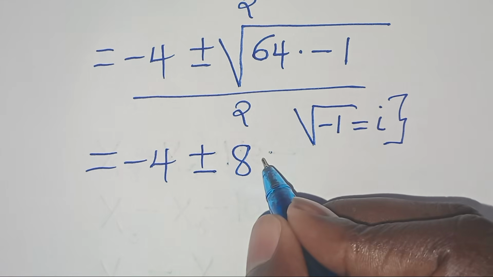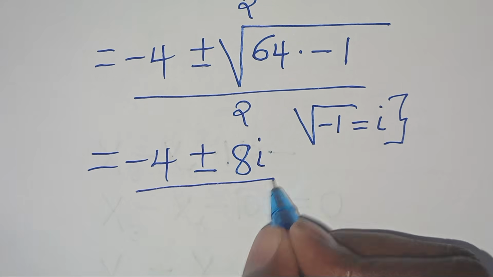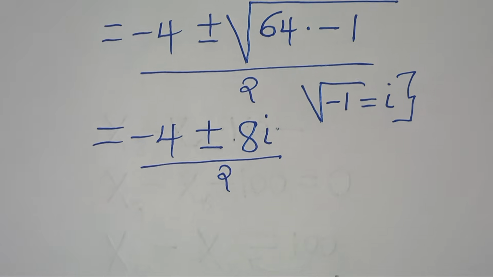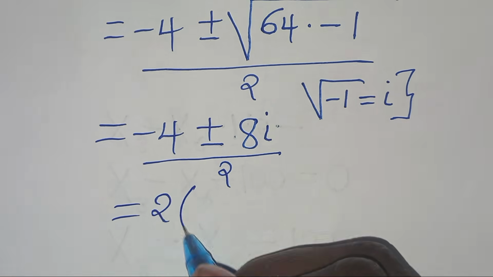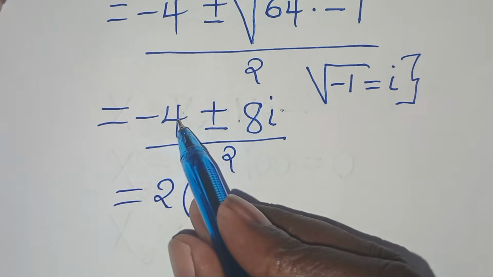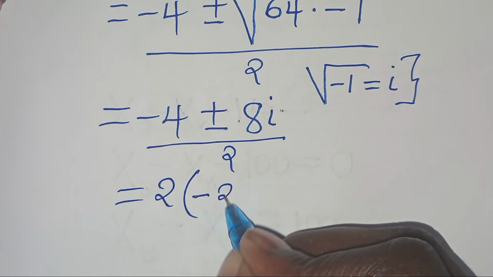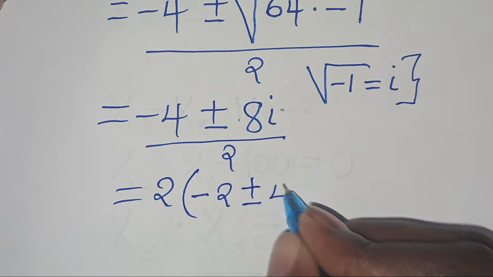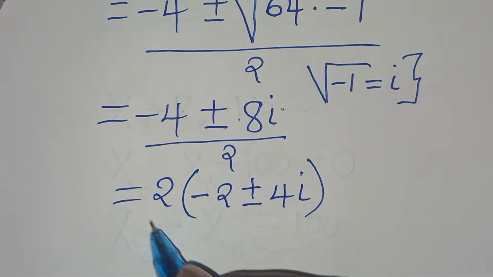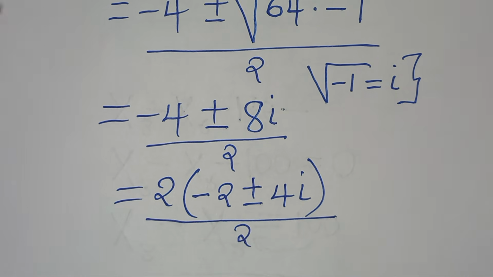So this is the same thing as 8i divided by 2. In the numerator we have that 2 is common here. We can factor out 2 so that minus 4 divided by 2, this is negative 2 plus or minus 8i divided by 2, this is 4i, close the parentheses, everything here divided by 2.